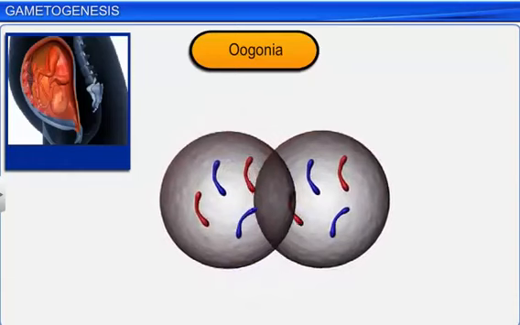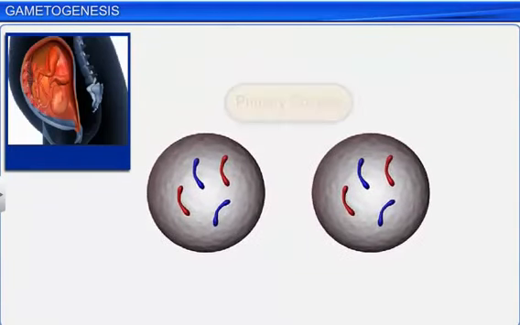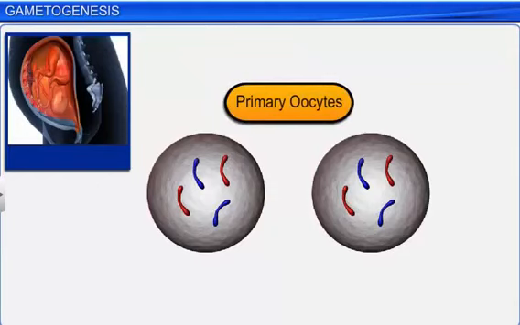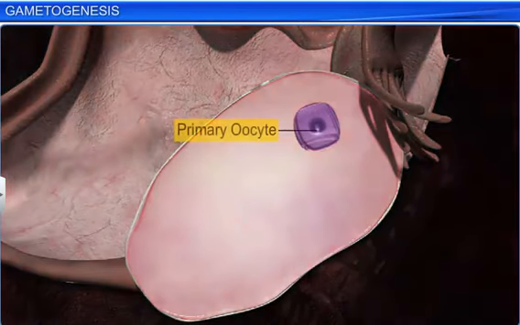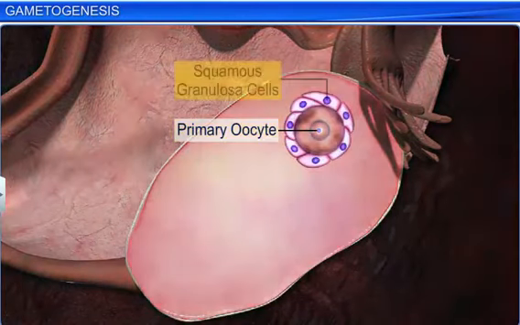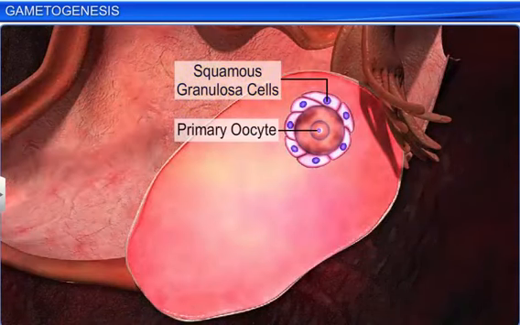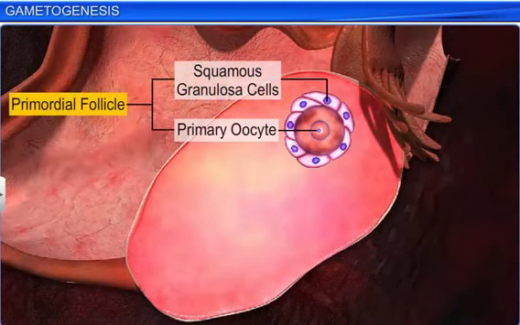A few oogonia divide again to form two immature cells called primary oocytes. The primary oocyte then gets enveloped by a layer of squamous granulosa cells, and together they make up the primordial follicle.